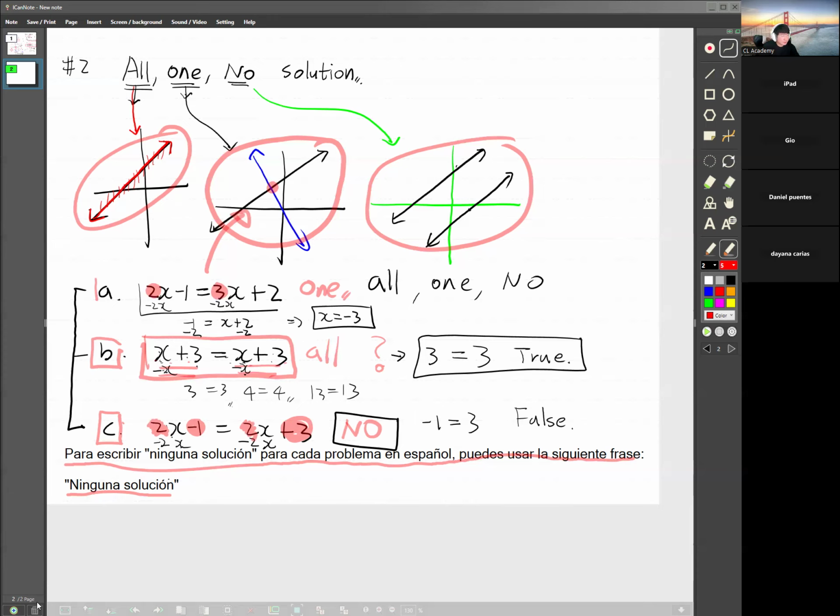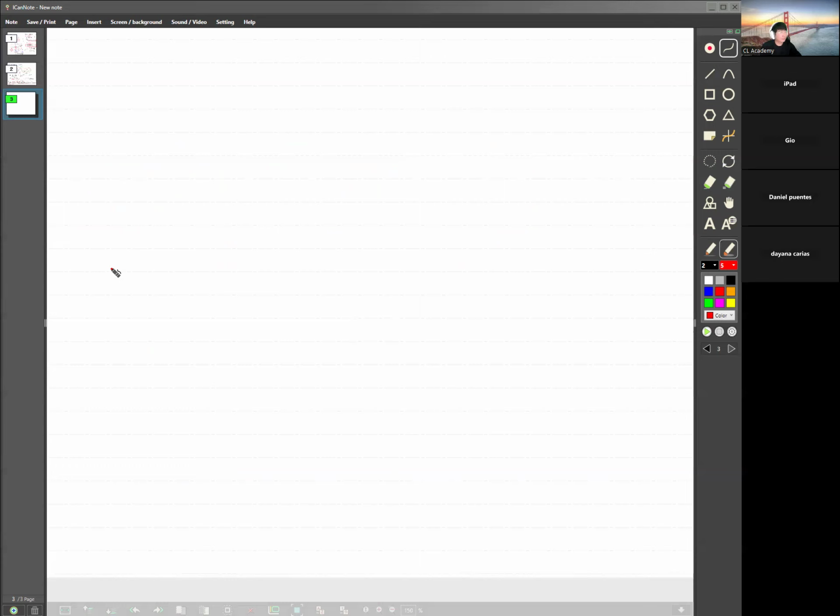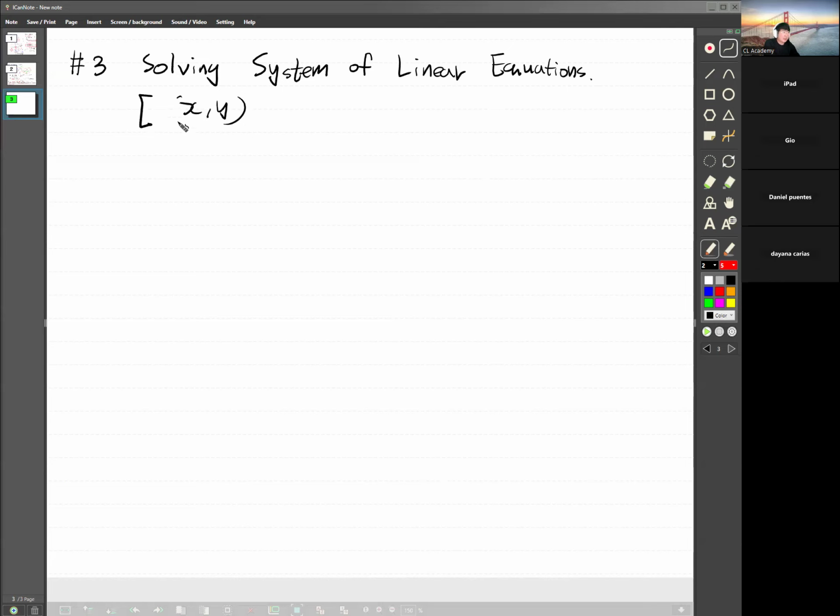Now, number three, solving a system of linear equations. As I said, the answer must be x comma y.